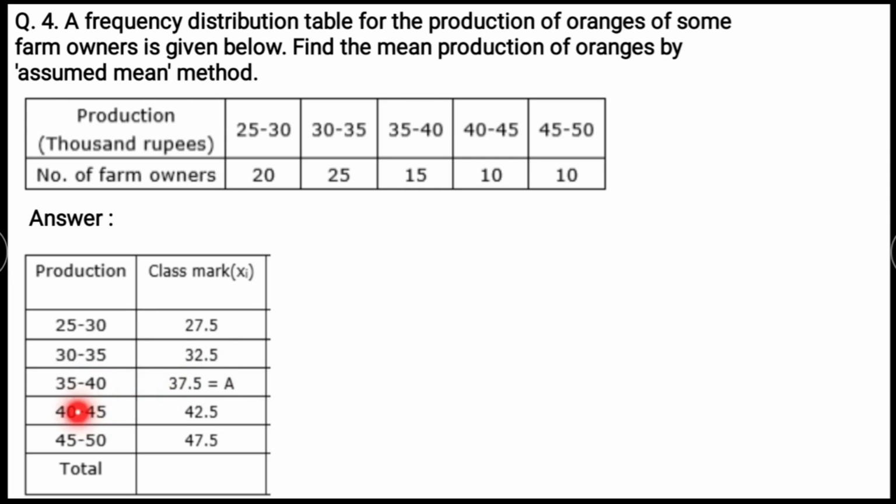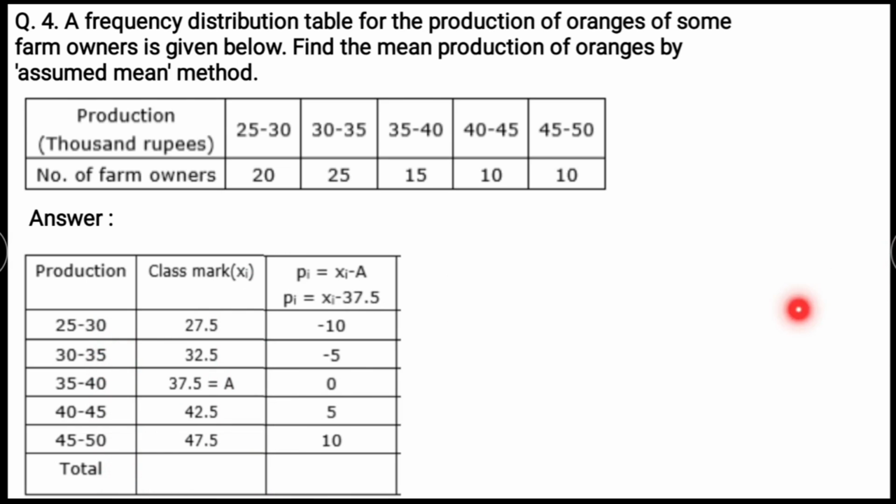Then we add 35 with 40, we get 75. So 75 divided by 2, we get 37.5. Then we write 40 plus 45, which is 85. So 85 divided by 2, we get 42.5. Then we add 45 with 50, we get 47.5. So in this way we first write the class mark for each interval.